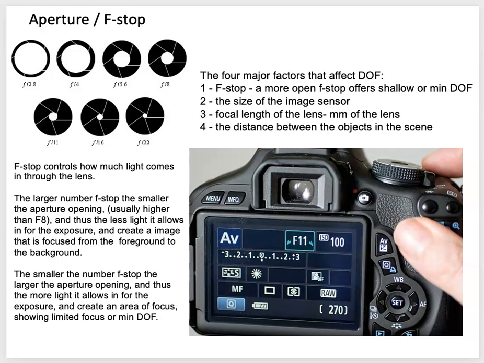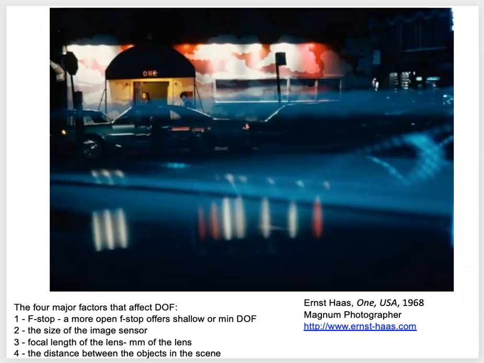And the four major factors of depth of field are f-stop, the size of the image sensor, the focal length of the lens, and the distance between the subjects and the scene. Here's a great example of something you could do with your phone, where if you put something really close to the lens, it's automatically going to go out of focus.